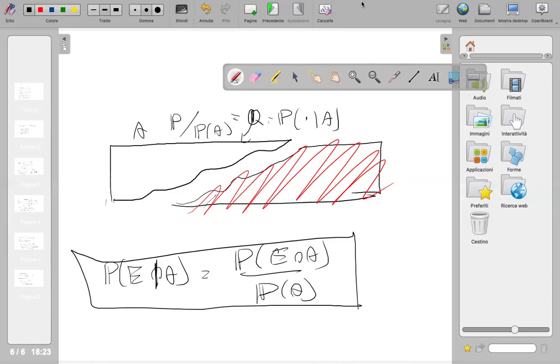Maybe let's correct it in 10 minutes. Since you should have it, in the meanwhile let me write the definition here of conditional probabilities. It's in the chat of the file.